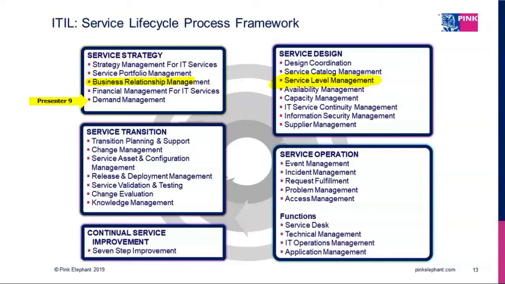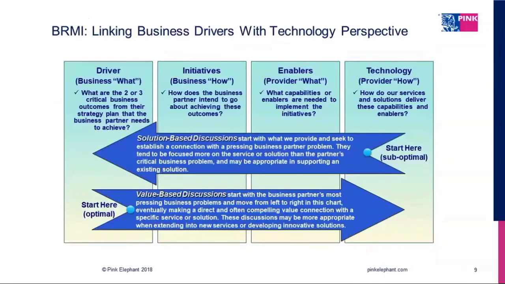So essentially, if I put a highlight on these two things, demand management and service level management, as a suggestion, let me go back to the linking business drivers diagram. So we could apply our concepts here. So the enablers: we have service level agreement reporting, which tells me how my services are performing, which is a high-level summary of how my technology pieces are performing.